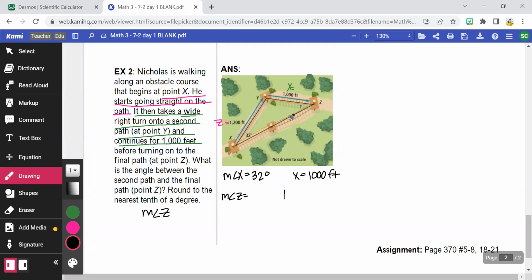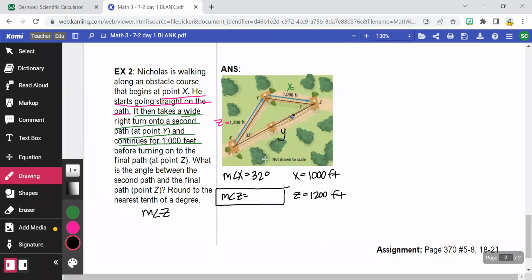That's what we're looking for. But we do know that its side is 1,200 feet. Notice that we don't know anything about side Y or angle Y, but it's not necessary for the problem. We only need to know a pair and then one piece of whatever we need, the opposite of whatever it is we need.